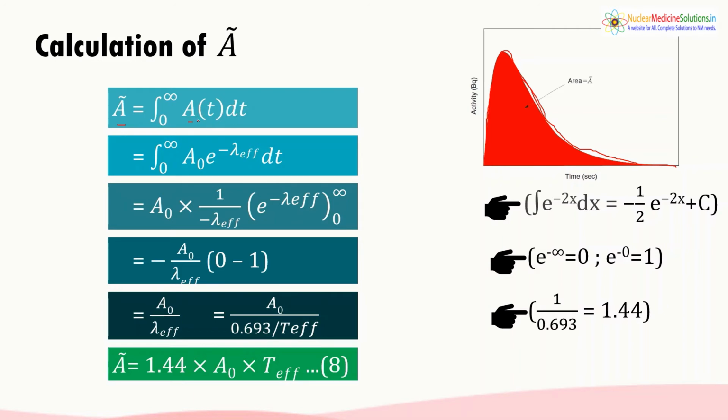When we put in A(t) equal to A0 e to the power minus lambda effective t, dt, and integrate, we get this, and finally we reach A tilde equal to 1.44 times A0 times T effective. All the steps are shown in the slide. You can pause the video and see how the steps move from one to the other.